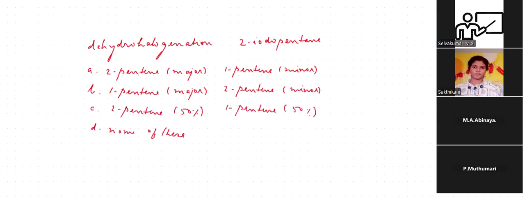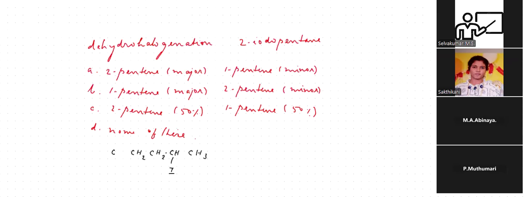You first try to write the equation. See, 2-iodopentane, so 5 carbons. In the second carbon, iodine is attached. So CH3, CHI, CH2, CH2, CH3.